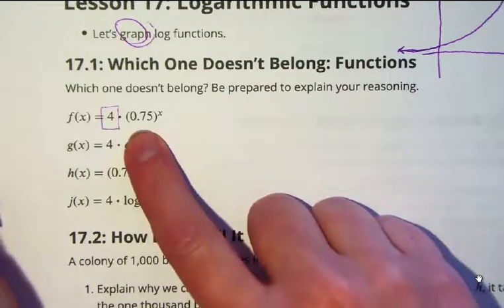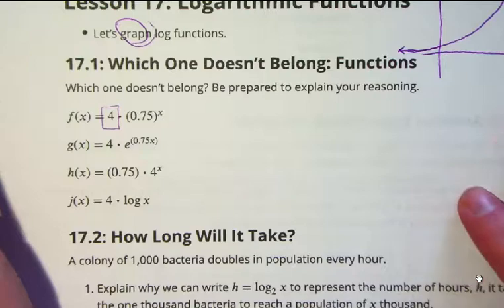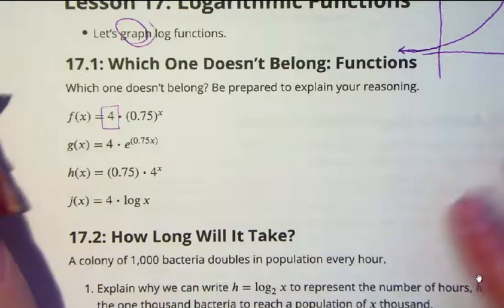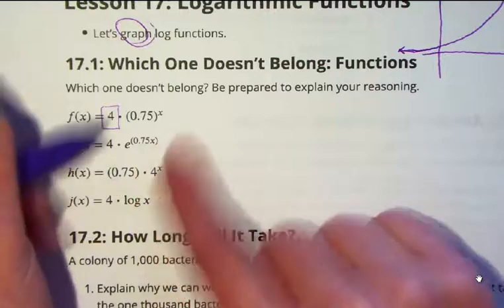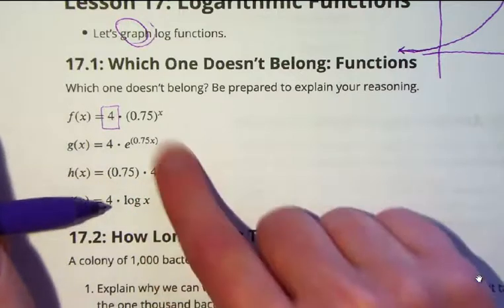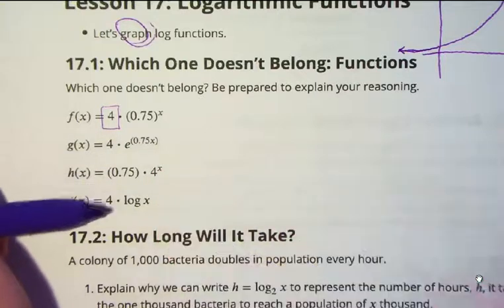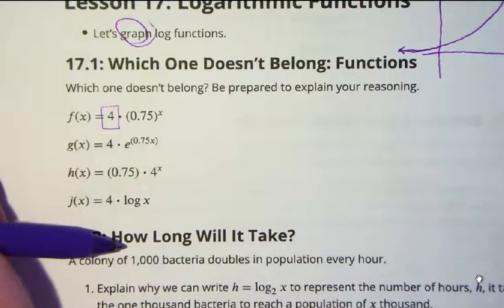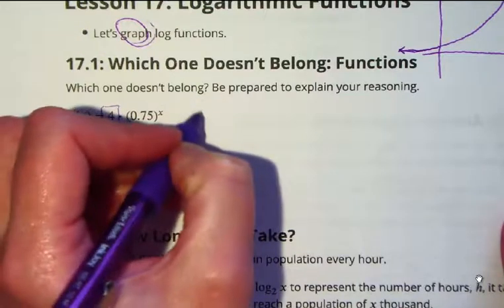This one is a shrinking graph because it's less than 1, and it's raised up to the exponent of x. So this one, what makes it different is that it's back to our most basic format that we have. So this is like back to where we began.